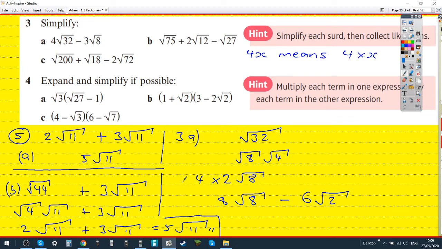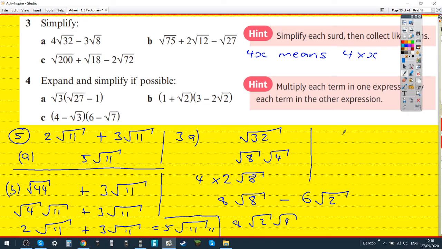You need to bring them together somehow. Would you have to simplify them all? Yep. 8 root 8 would become 2 and 4. Should be 2 square root 2.